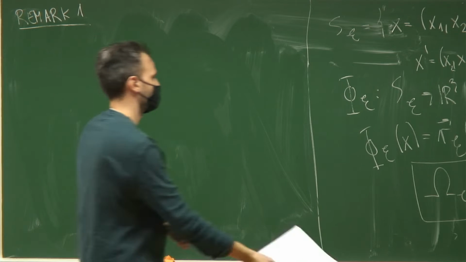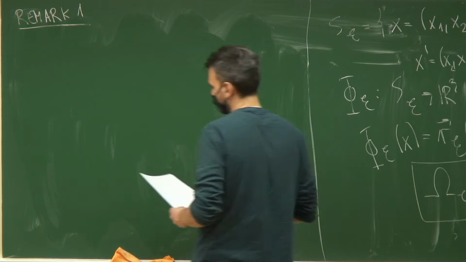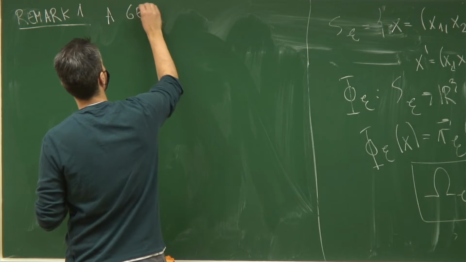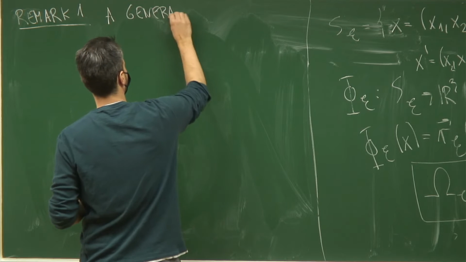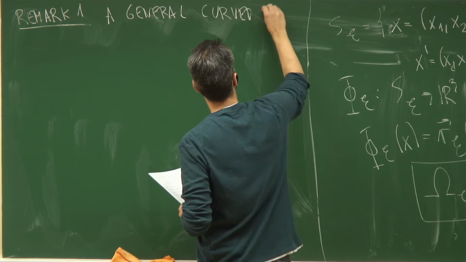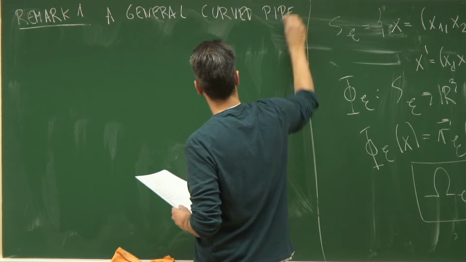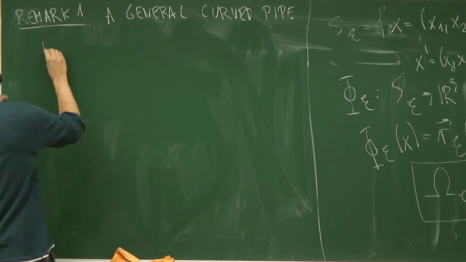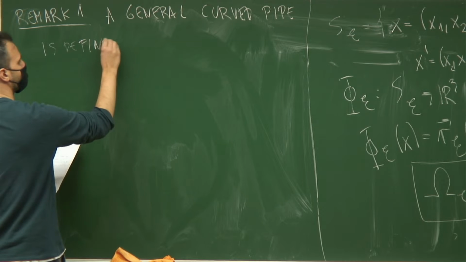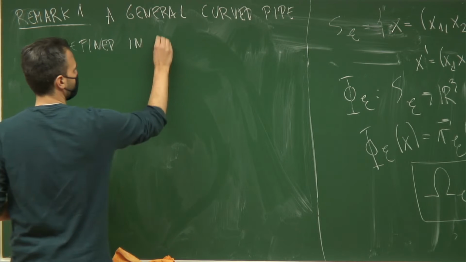Okay, so this is one way you can do it. However, if you have a general curved pipe, you define it in a similar way, but there are some differences.